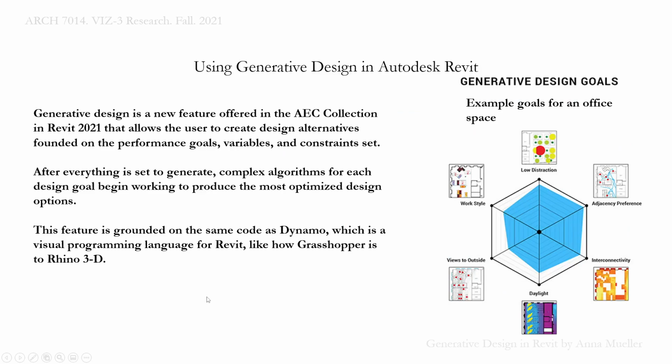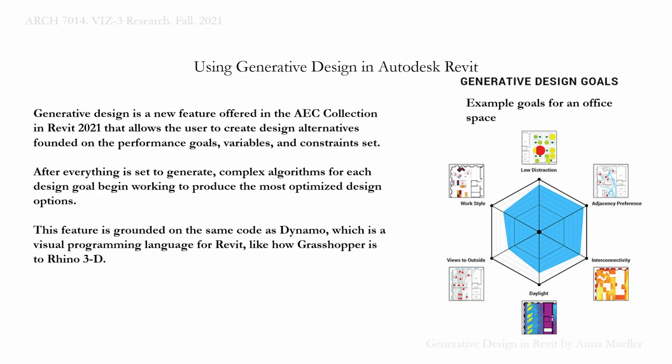Okay, so getting into generative design in Revit. Generative design in Revit has basically been a new feature, but it's always kind of been in Revit as another open source feature called Dynamo.